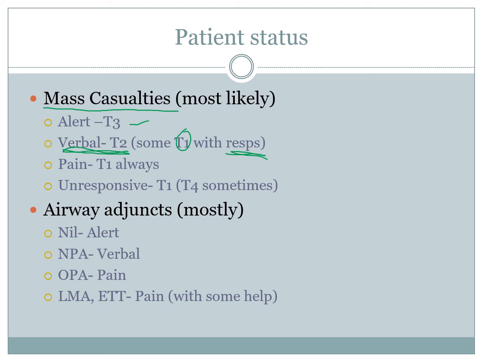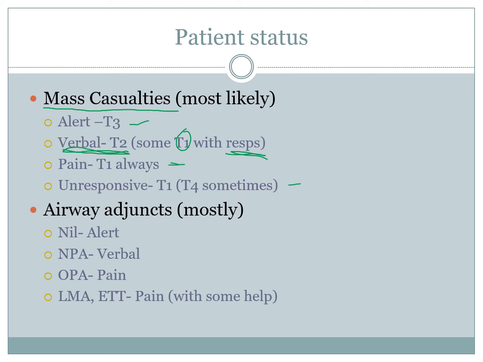But most of the time they're obviously not as bad as your painful or your unresponsive patients. So if you have anyone responding to pain or who is unresponsive, you really don't need to test anything else at that stage. You know full well that that patient is an emergent situation and they need immediate care.